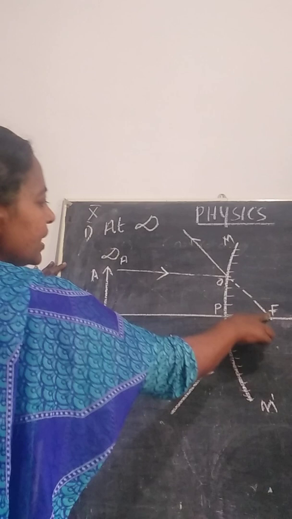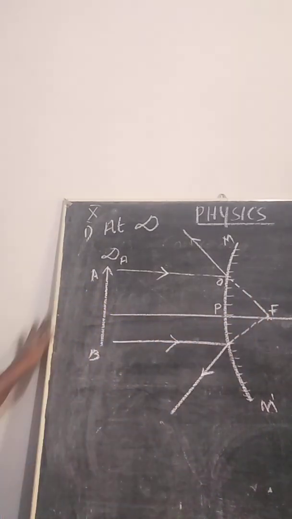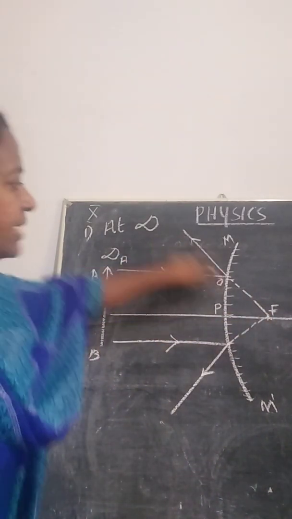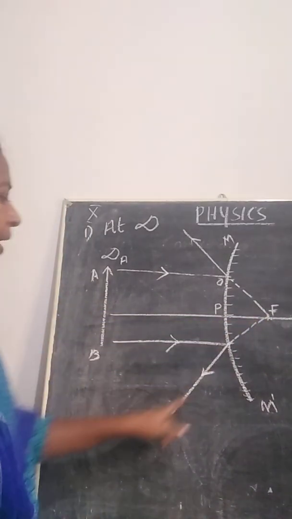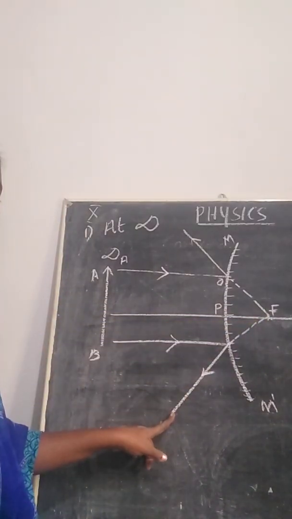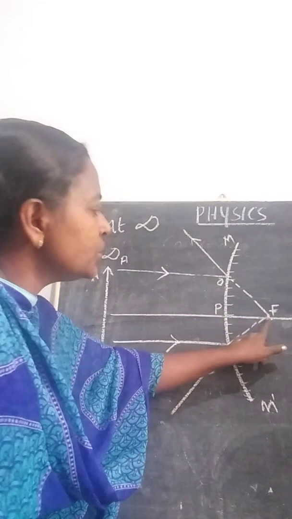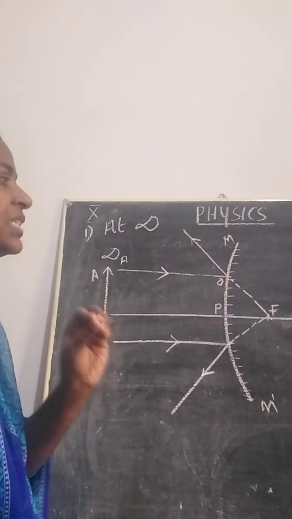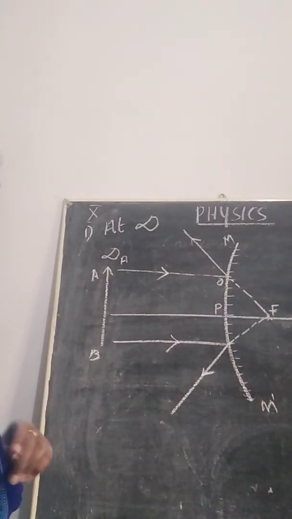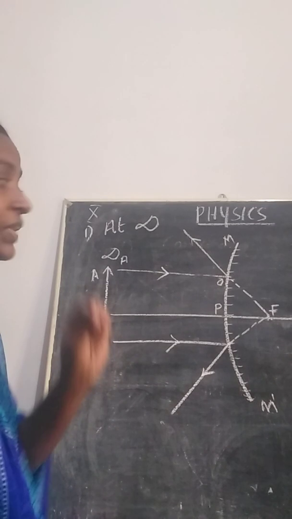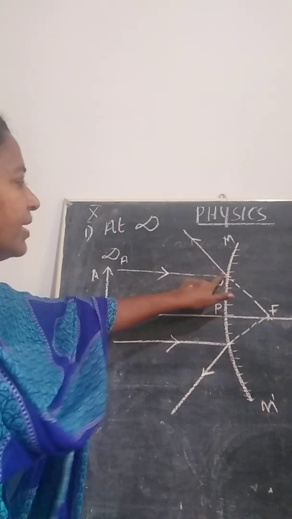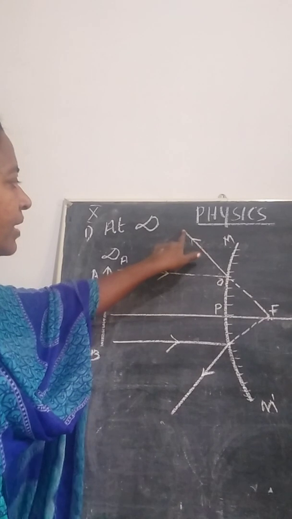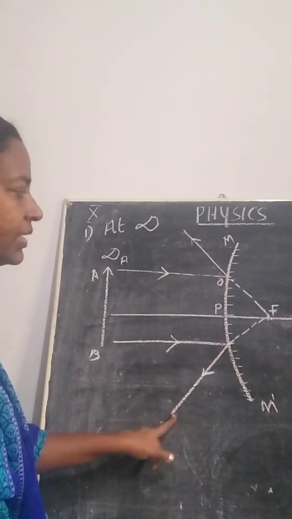So here F is the point of intersection of these two reflected rays. This reflected ray appears to be from this point F, and this second reflected ray also appears to be coming from the same point F. But really the rays are going in different directions.